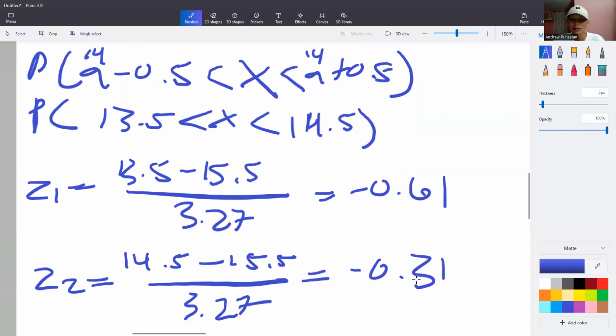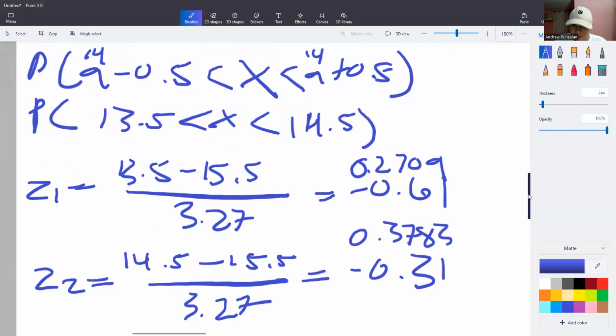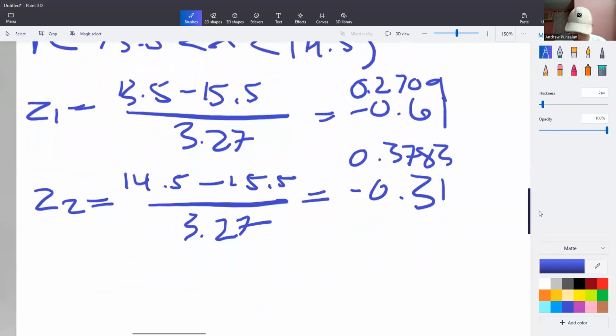So in the normal approximation table, negative 0.61 is 0.2709. And for negative 0.31, it is 0.3783. And since it's between, you have to subtract these two values.